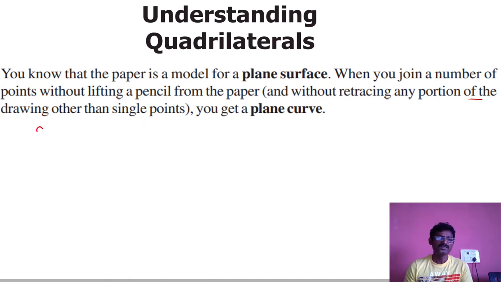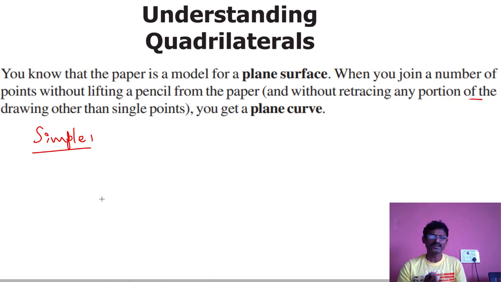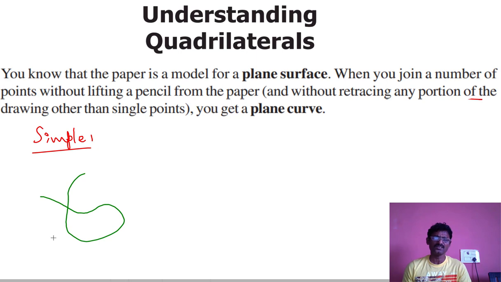After this we have simple curves. What is meant by a simple curve? While drawing a plane curve, if one line is not crossing the other line, then that is said to be a simple curve. That means whenever you are drawing like this, one line should not cross the other. Here one line is crossing the other. Here also one line is crossing the other line.